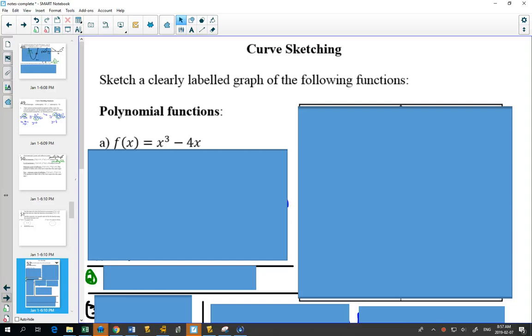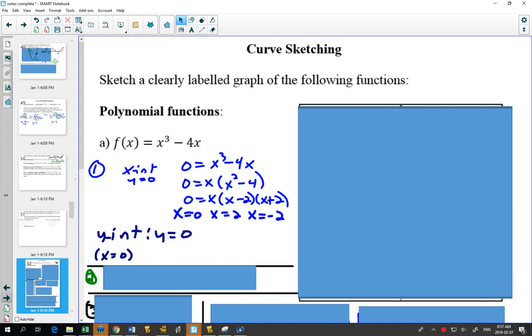And so what we'll do now is we will walk through a couple of examples of stuff that we've done so far, just to go through the steps. So first of all, do we have any x-intercepts and y-intercepts? Well, y-intercept is really easy. Plug in 0 for y. X-intercepts, you're going to have to factor.